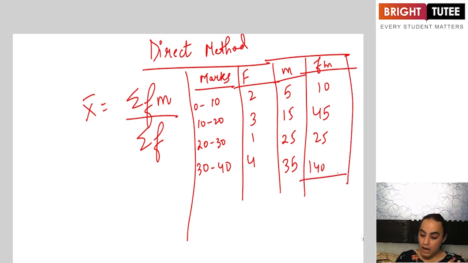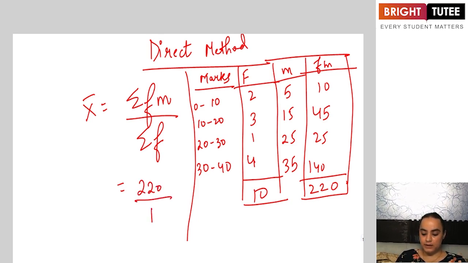Right? Now what do I need? I need the sum of all these f into m. So 140 plus 25 plus 45 and 10 gives me 220. And I need the sum of my f also. So 4 plus 1 is 5, then 6, 7, 8, 9 and 10. Now apply the formula. 220 divided by 10, which is 22.